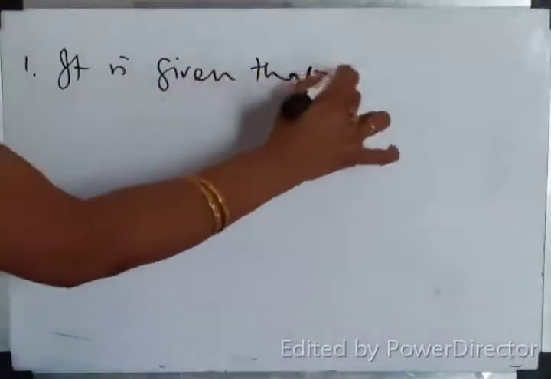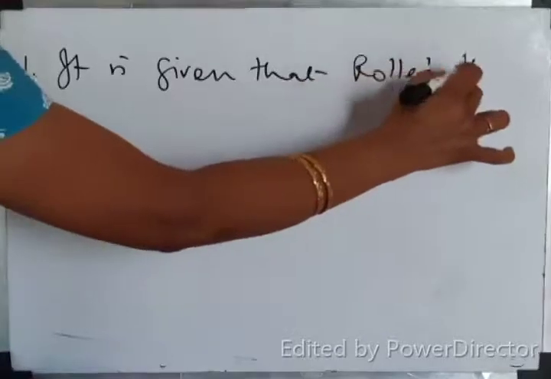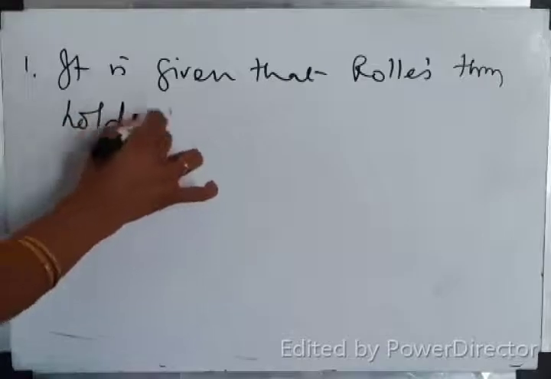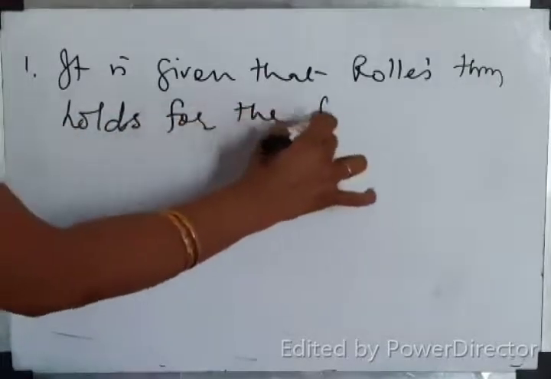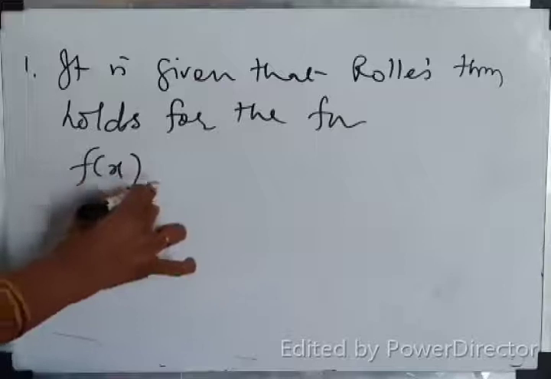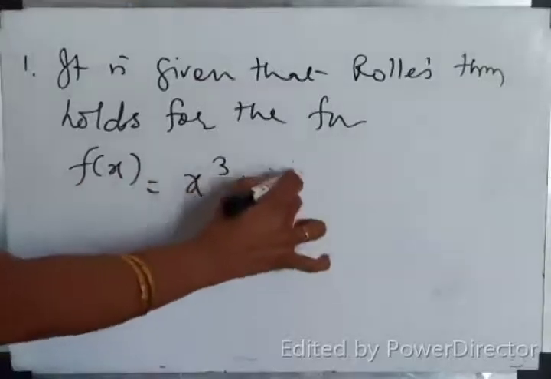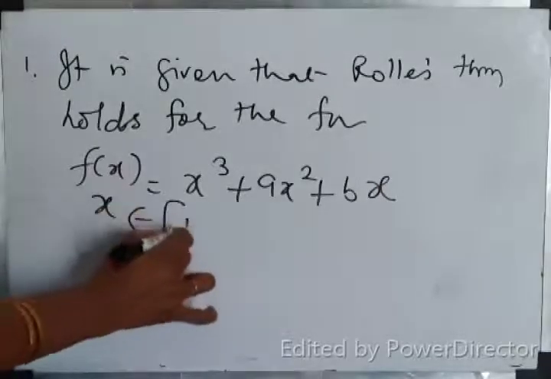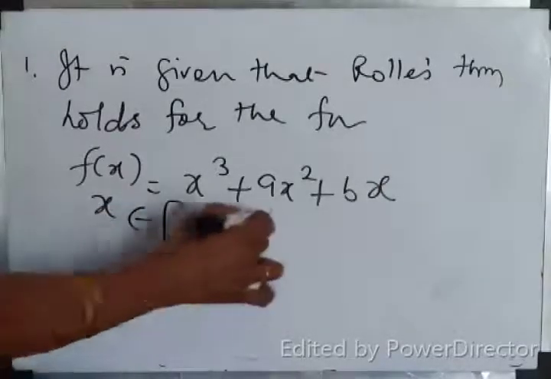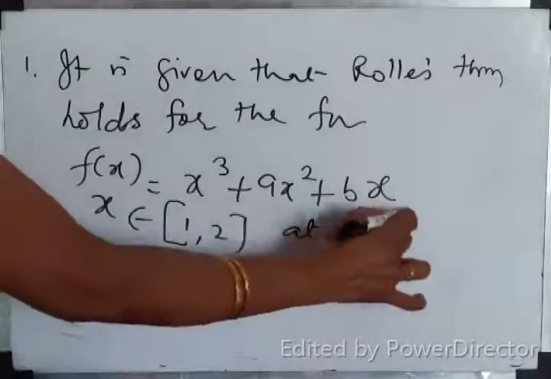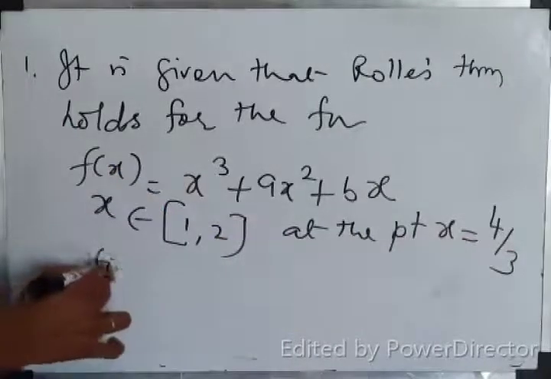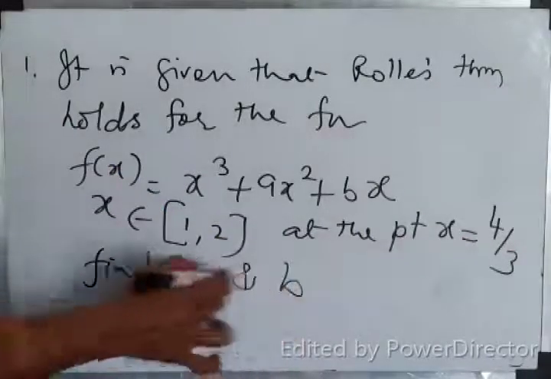It is given that Rolle's theorem holds for the function f of x equal to x cube plus ax square plus bx, where x belongs to the closed interval [1, 2], at the point x is equal to 4 by 3. Find a and b.